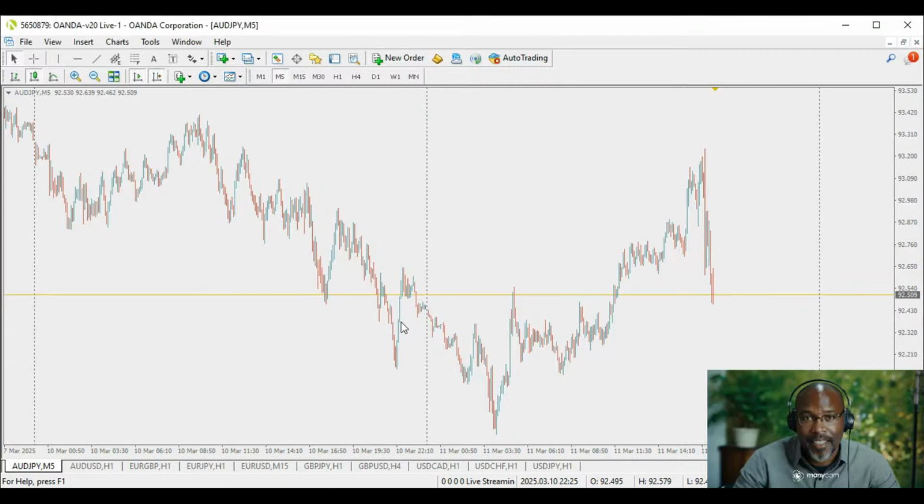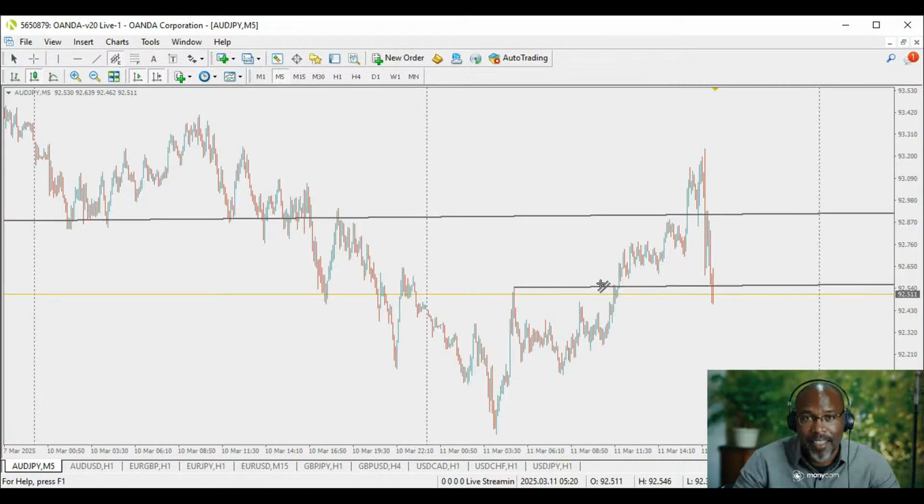This pair is at support. So I'm going to be looking to buy it if and when it turns north.